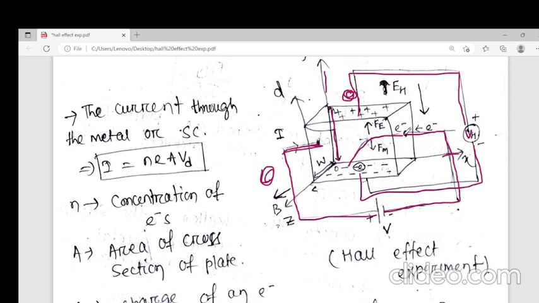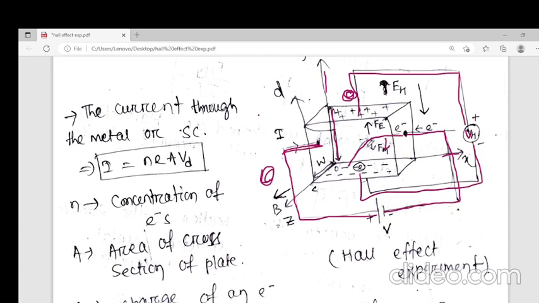As you know from the basics, when an electric field is applied and an electron is moving, its force will be in the direction opposite to the electric field. So here the electric force is upward and the magnetic force is downward.